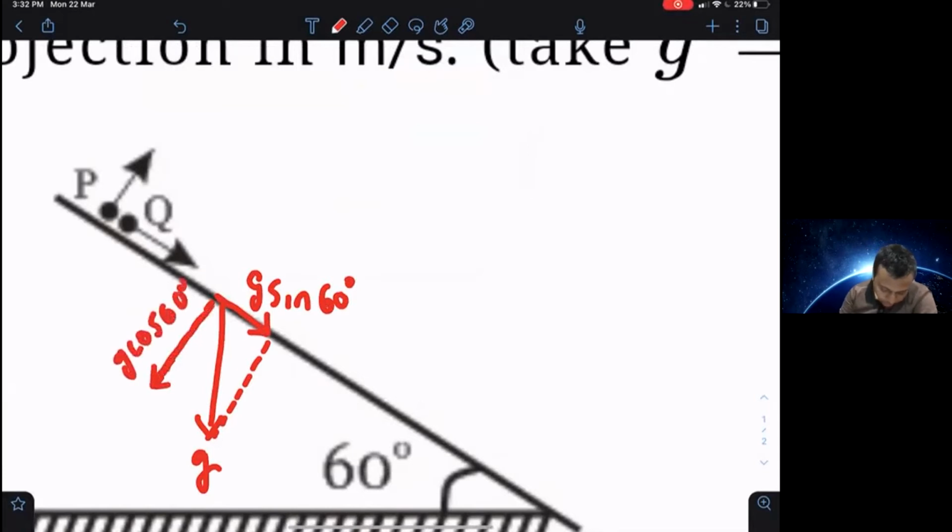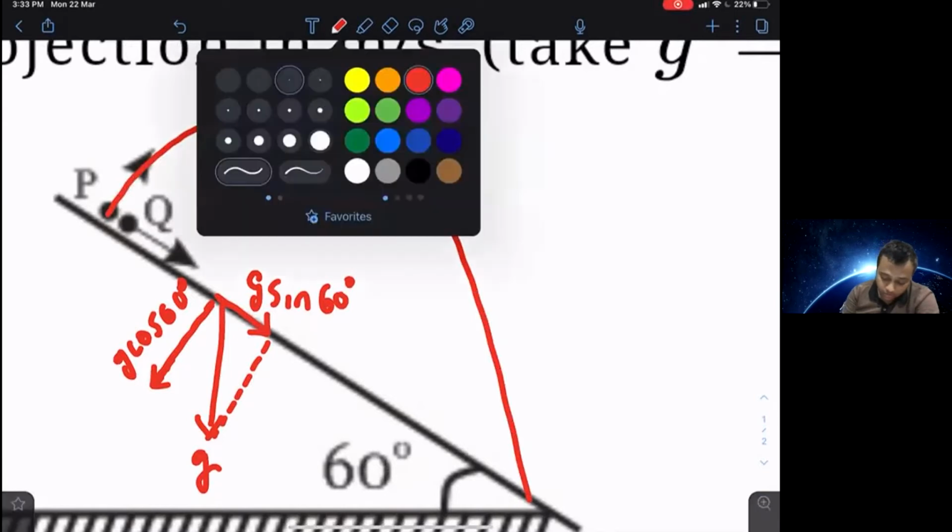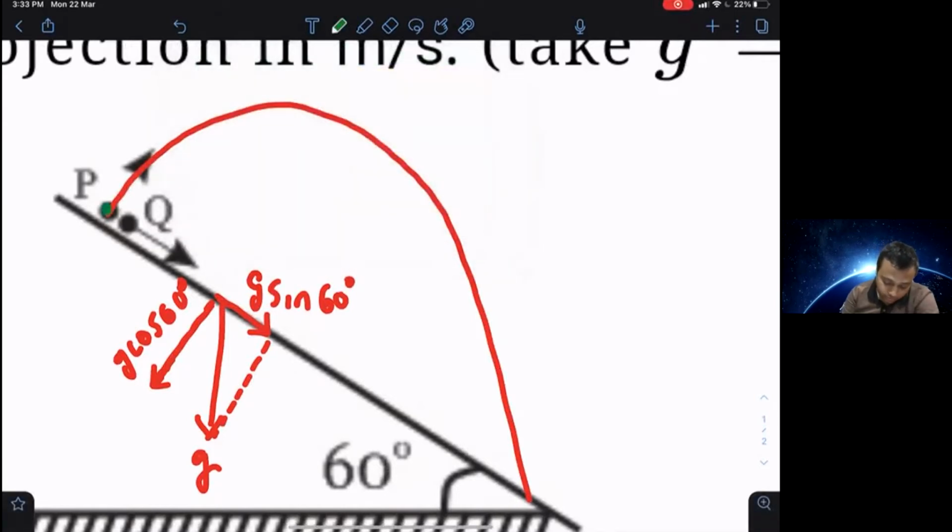Now the thing is, this particle Q will be traveling along the straight line down the inclined plane with acceleration g sin 60. On the other hand, particle P is undergoing projectile motion like this. P will be going along this parabola which I have drawn, from P to P1, P2, P3, P4, P5, and so on up to P6.